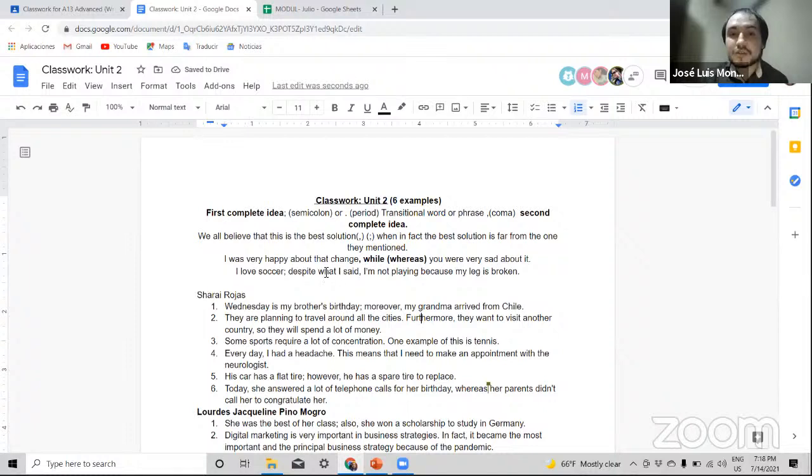This word is replacing this idea. I love soccer is summarized in this word. So, I love soccer, semicolon. Despite this, comma, I'm not playing because my leg is broken. And look how I'm going to use a different word, for example, although.